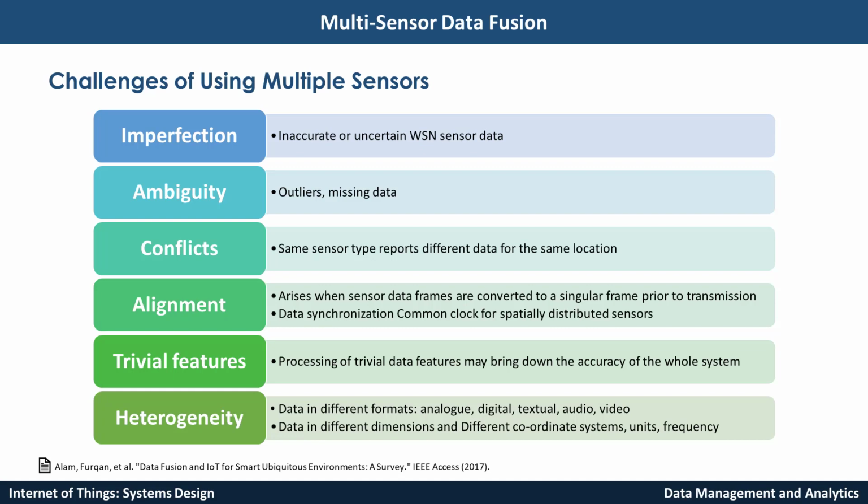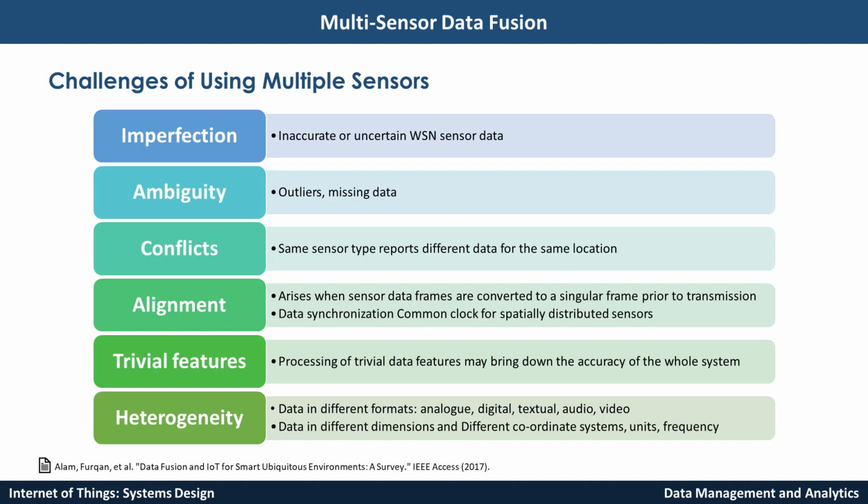Trivial features could also reduce the accuracy. What this means is that there are a lot of data streams in an IoT application. So when we are talking about each sensor, you need to extract features from each of them. But these features have to be representative. If you extract very simple features which are not very distinct, it will make it difficult for the machine learning algorithms and data fusion algorithms to make a proper determination.